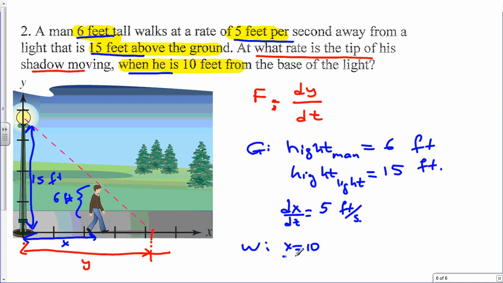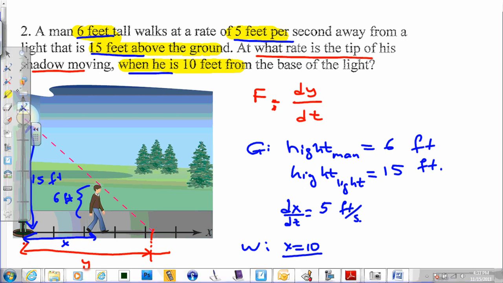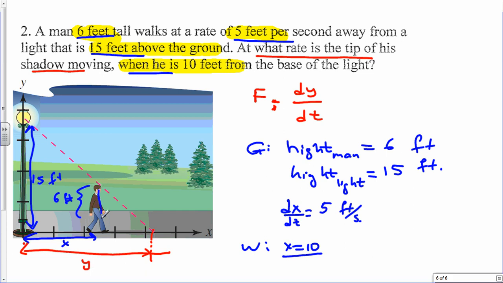We have to think about this carefully. We have to calculate this for x equals 10. Let's try to understand this. We have here a little triangle and a bigger triangle, which you have learned about in geometry classes.